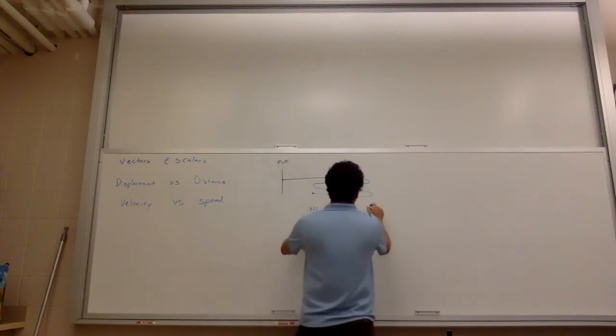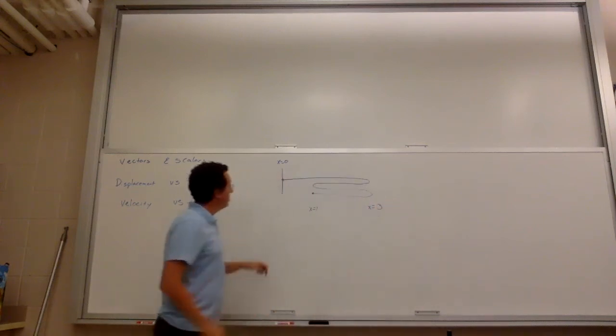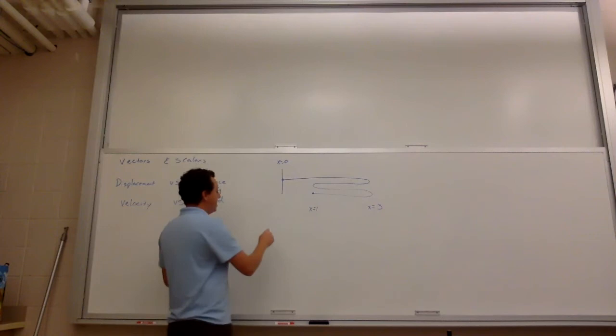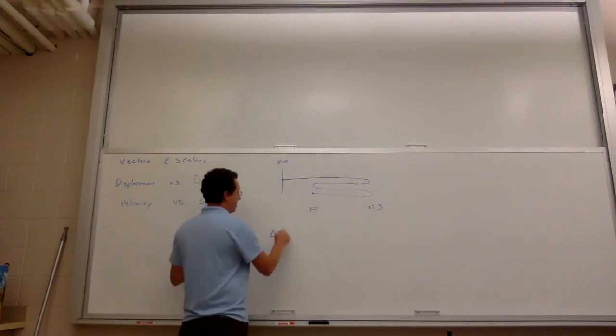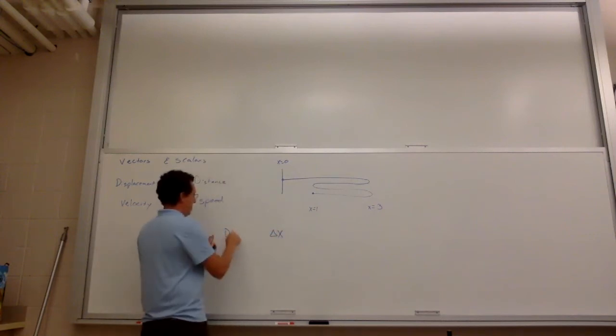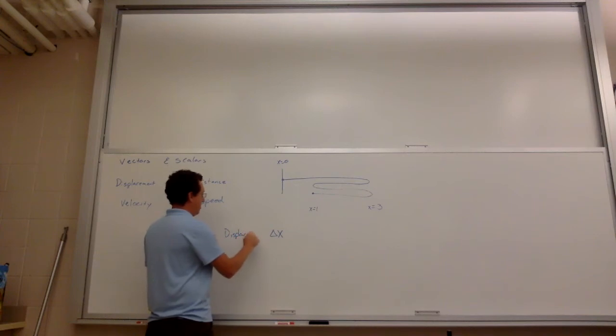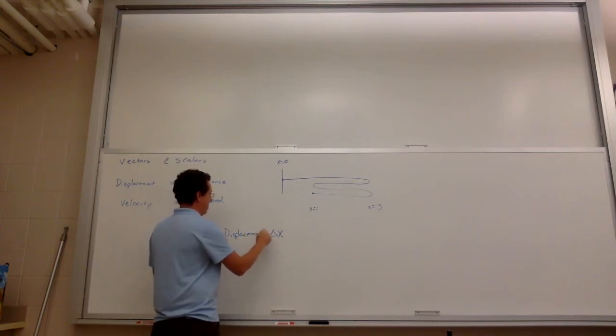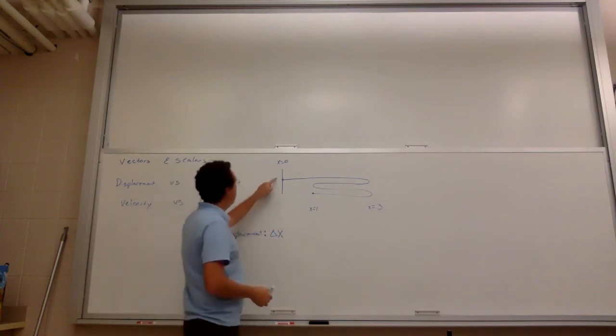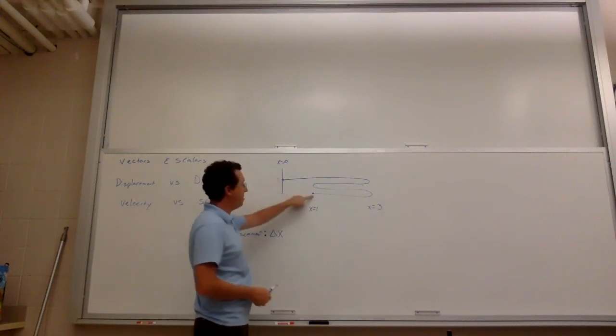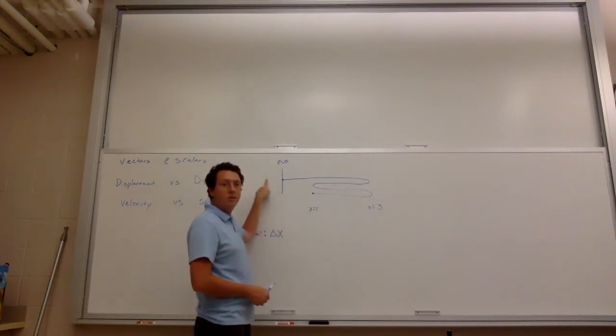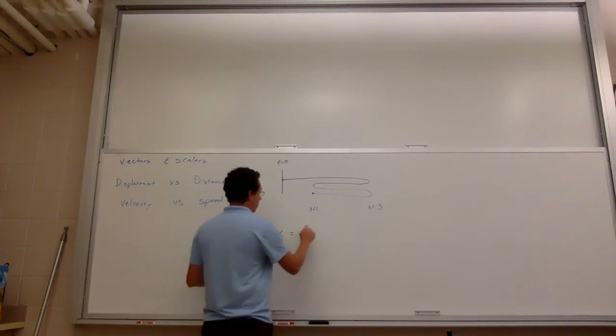We'll say this is x equals 3. So in that case, the displacement, delta x, would be final minus initial. I finished at 1. I started at 0. That would be 1 meter. I'm doing these in meters.